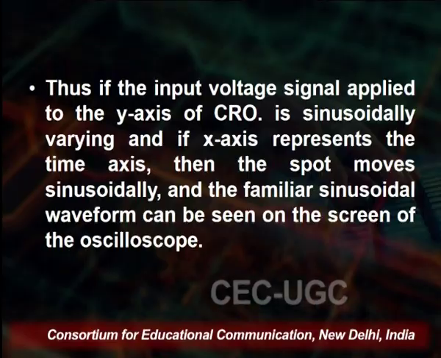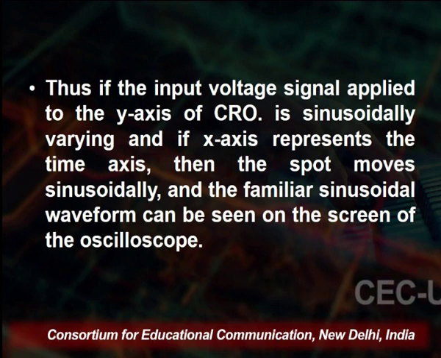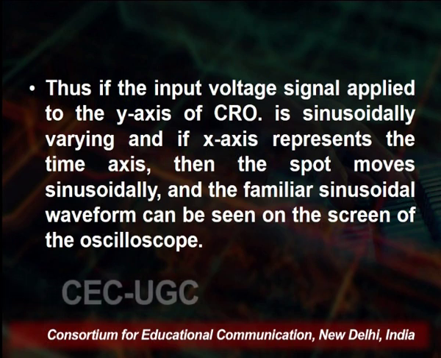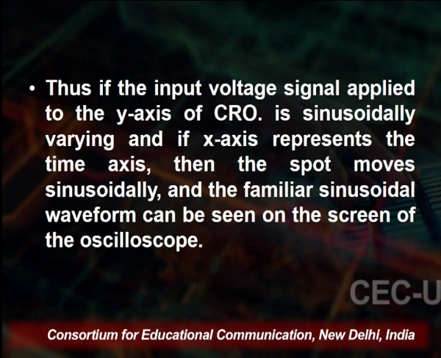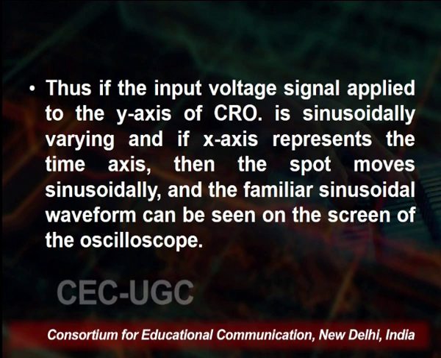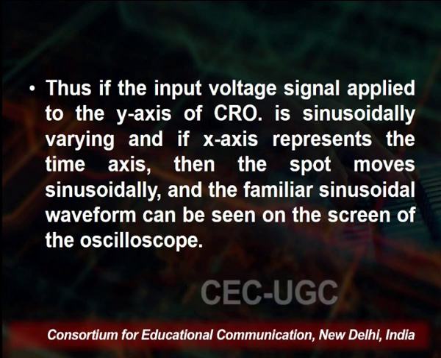Then we can get the output in the form of a point or in the form of a graph, and we use the electron beam there to get the output. So, it is very clear that we can get the XY plot in the CRO. Thus, if the input voltage signal applied to the Y axis of the CRO is sinusoidal, with the X axis representing the time axis, then the spot moves sinusoidally, and the familiar sinusoidal waveform can be seen on the screen of the oscilloscope.